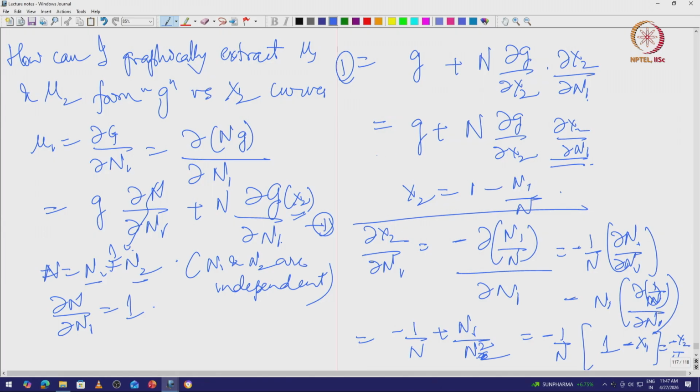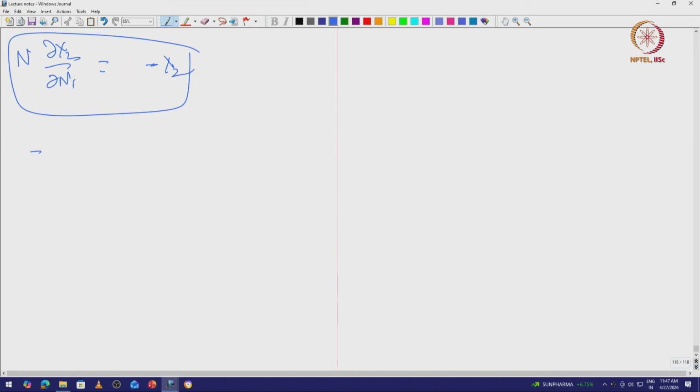I need to find mu1, which is nothing but dou G by dou n1. That is small g plus capital X2 times dou g by dou x2, or I think there is a minus there. So mu1 is equal to small g minus x2 times dou g by dou x2.